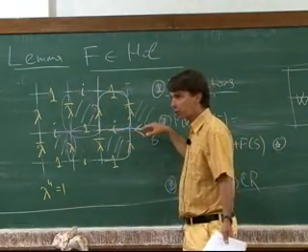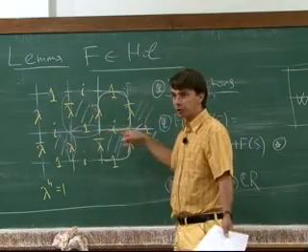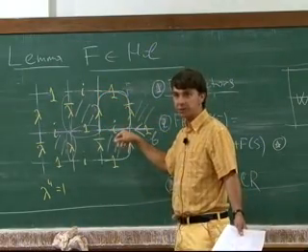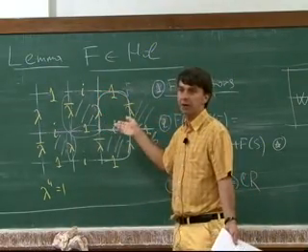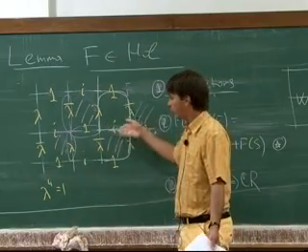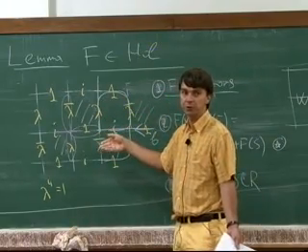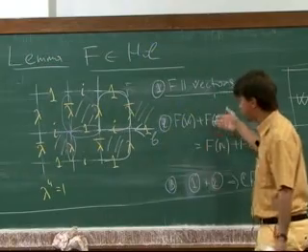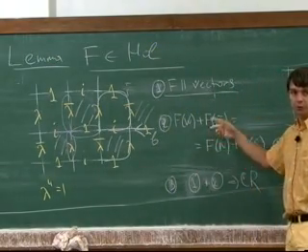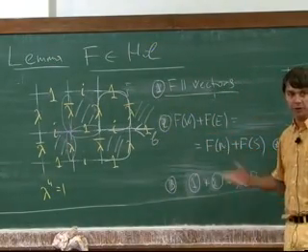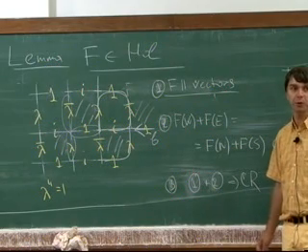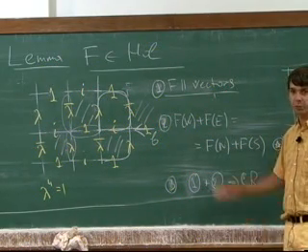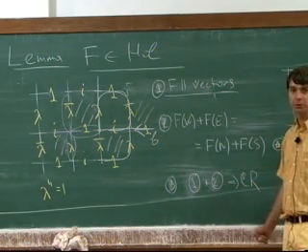For other models, when we walk around the face, we multiply by lambda 4 times, but it's not equal to 1, so we get some other number. So we get a priori complex numbers on edges for other models. So we don't get a nice corollary out of this. We only get some divergence-free corollary, but not the full Cauchy-Riemann equations. So that's one way to see the difference for other models.